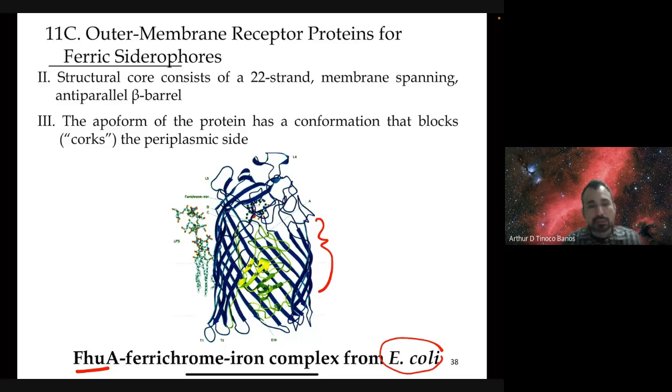What's been captured here is the actual iron complex bound to the transporter. The apo form of the protein has a conformation that blocks or corks the periplasmic side. But when it comes in contact with the iron siderophore, that triggers a conformational change that opens up the transporter to facilitate movement through.